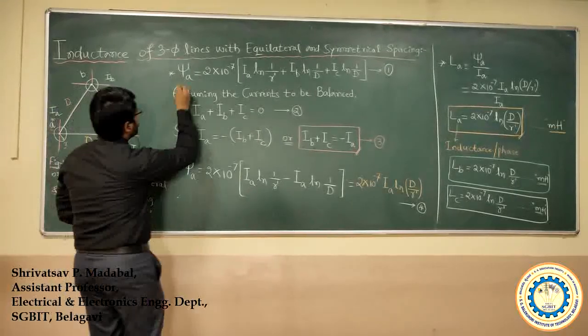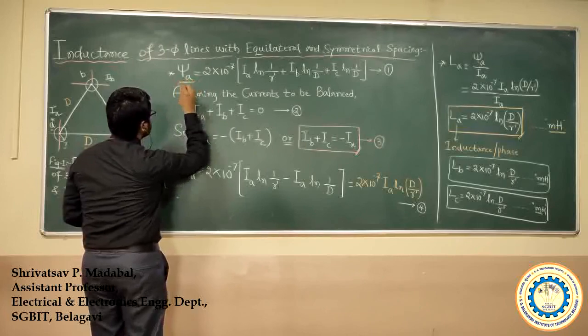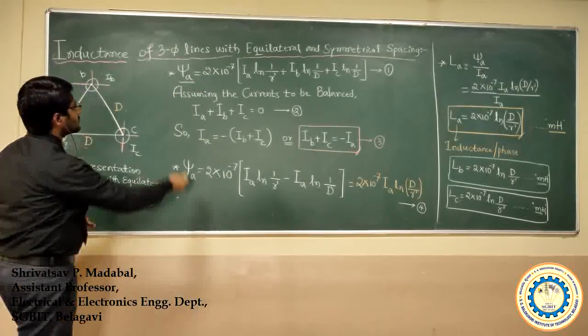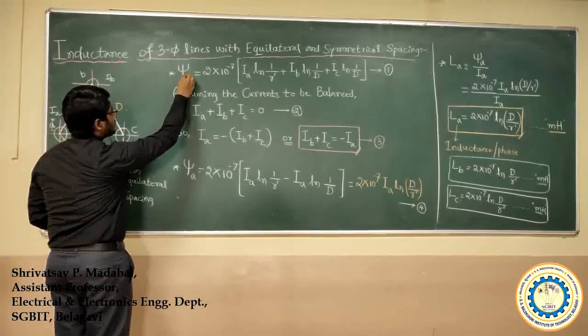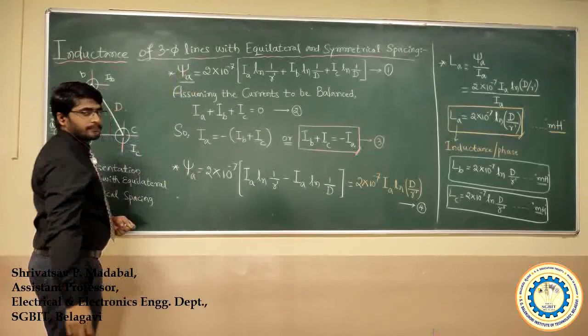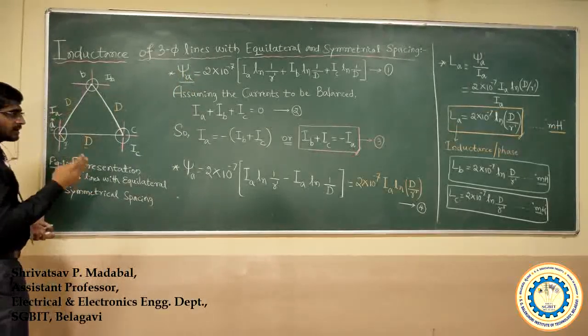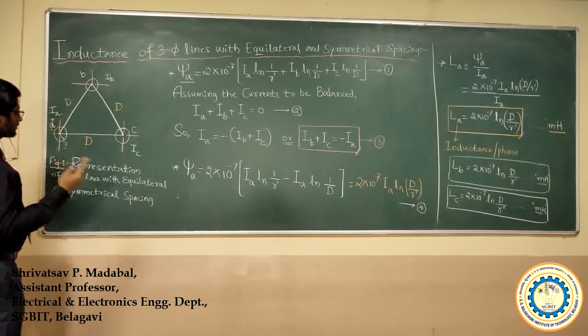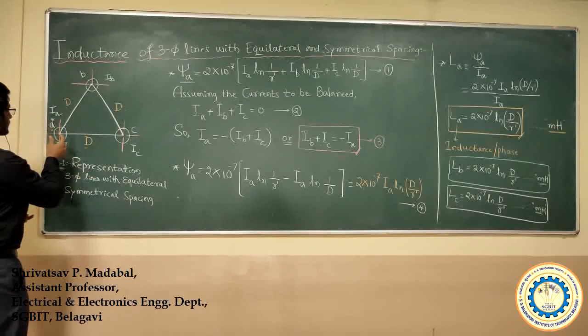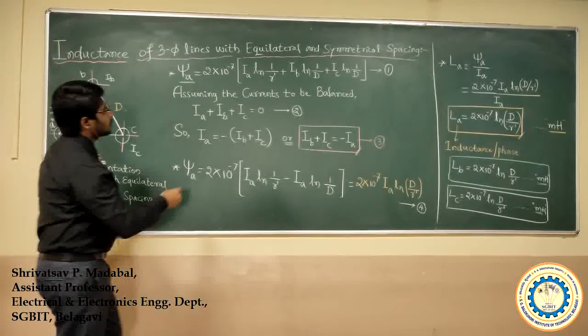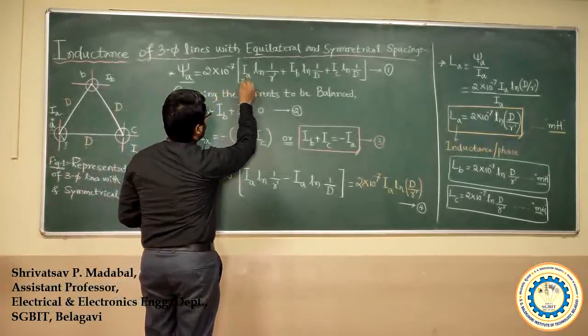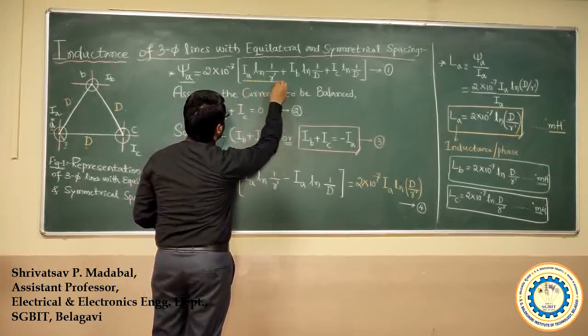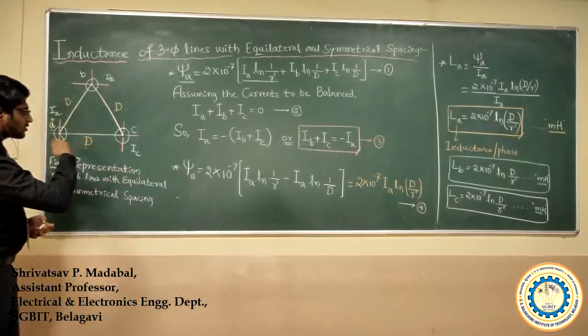The flux linking with respect to conductor A can be denoted as psi A, and as I mentioned earlier, it is given by three terms. The first is the flux linking with conductor A because of the current flowing across conductor A, that is given by 2 × 10⁻⁷ IA ln of 1 by R dash, because it is with respect to its own conductor.